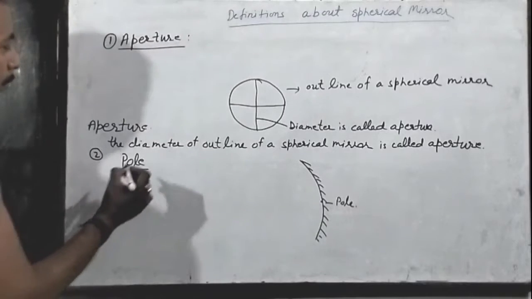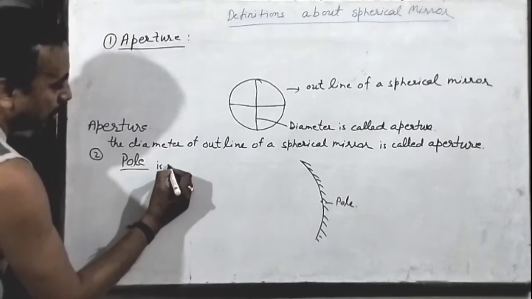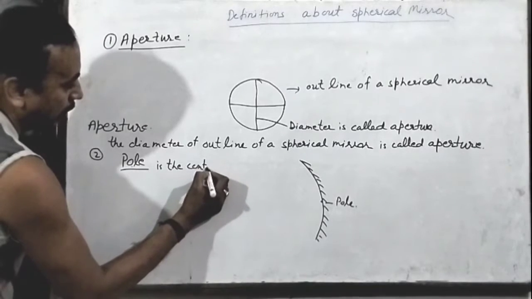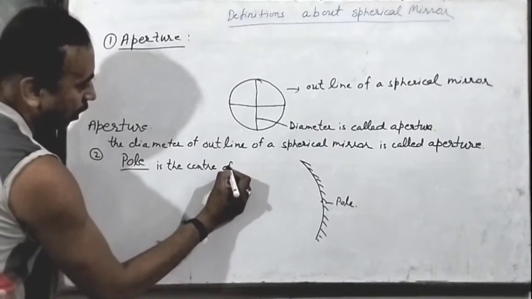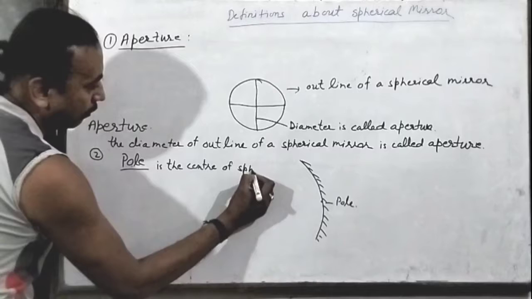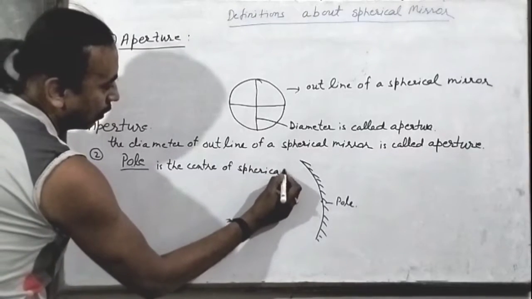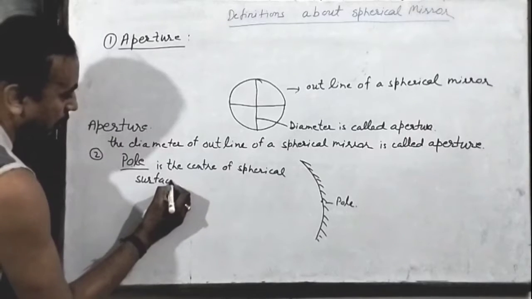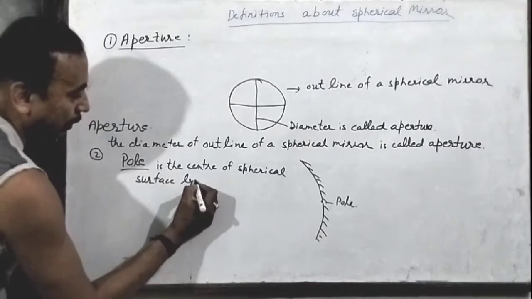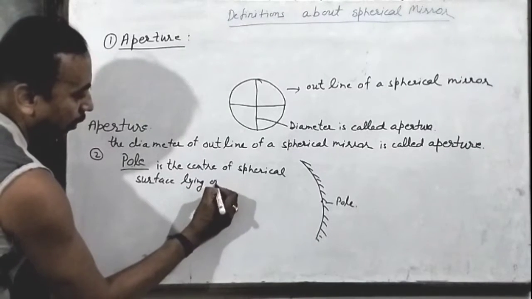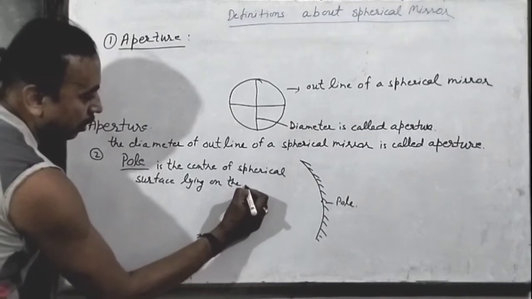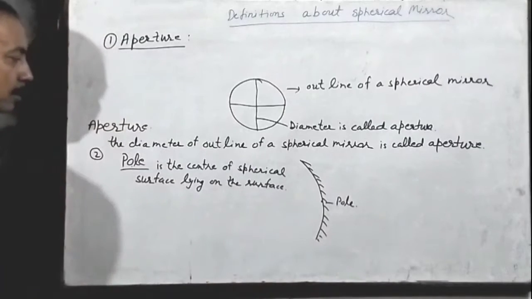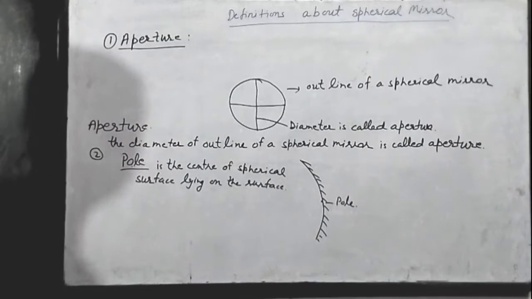Pole is the center of the spherical surface, lying on the surface. ये हमेशा उसके मिरर के सरफेस पर लाई करता है पोल.